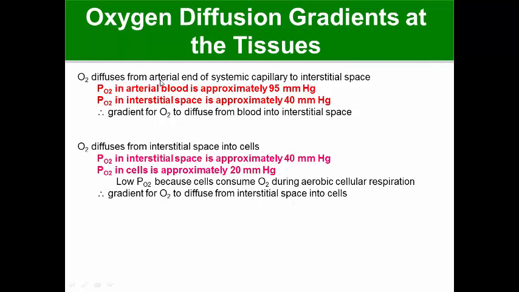Oxygen diffuses from the arterial end of the systemic capillaries to the interstitial space. Then oxygen diffuses from the interstitial space into the cells, because there is a pressure gradient for oxygen between the blood in the systemic capillaries and the interstitial space. Then there is a pressure gradient of oxygen between the interstitial space and the cells.